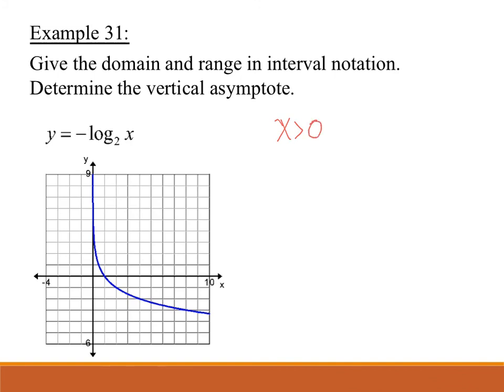So there is our vertical asymptote, and we see that it's that way. And so our domain is simple. The domain is going from 0 to infinity, and the range is all real numbers.